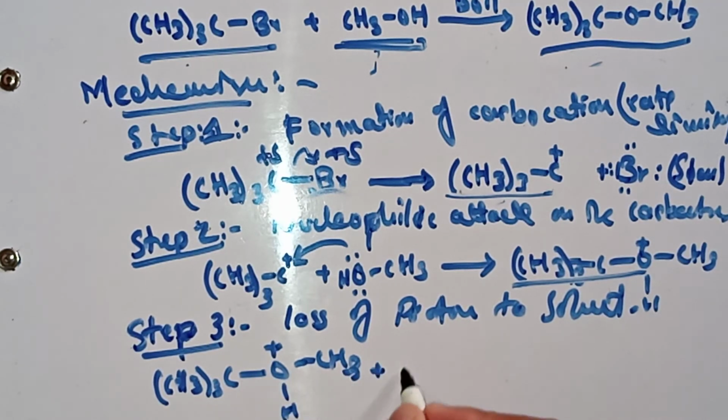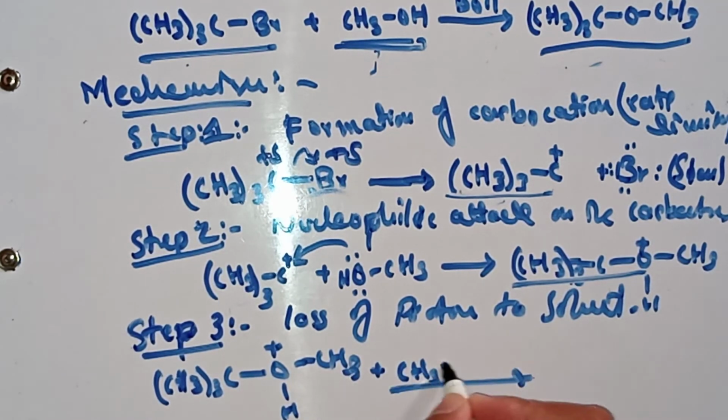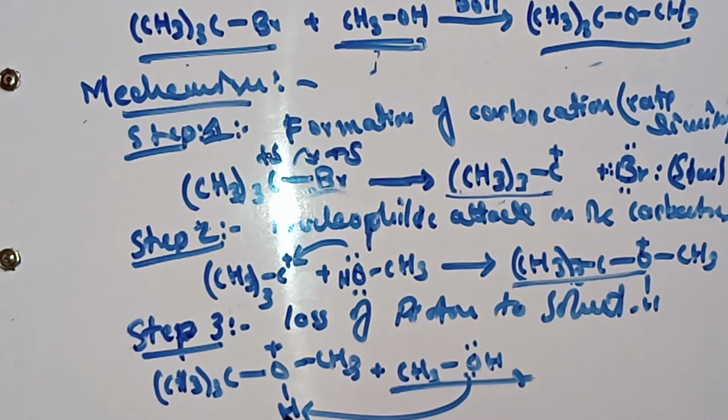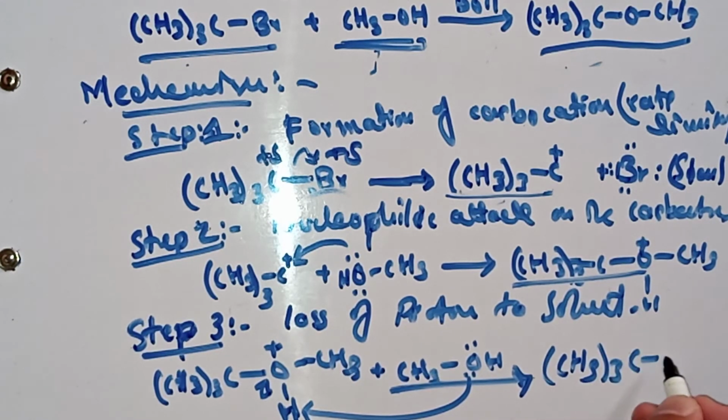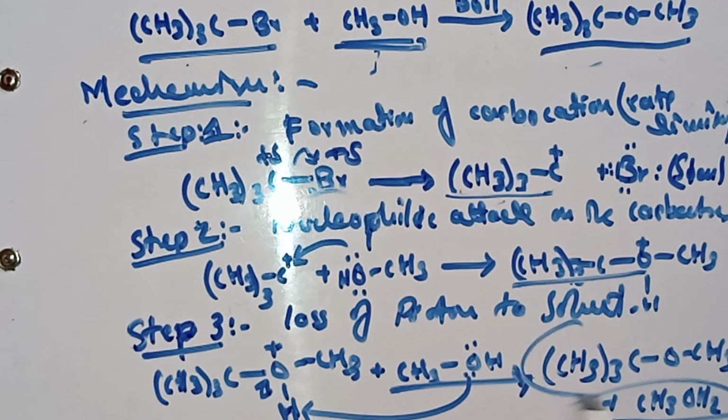In the solvent, CH3OH, this oxygen will act as a base, and it will deprotonate this intermediate. So it will generate the product (CH3)3COCH3 plus CH3OH2+. These are the products of the Sn1 reaction, so it completes in three steps.